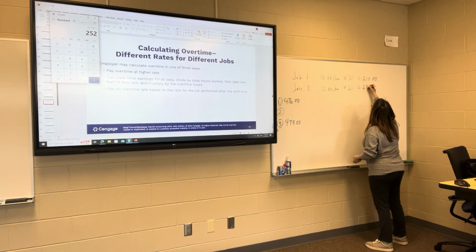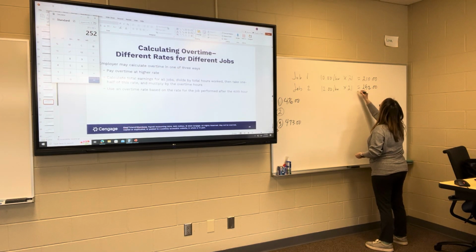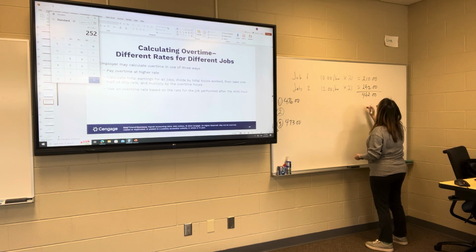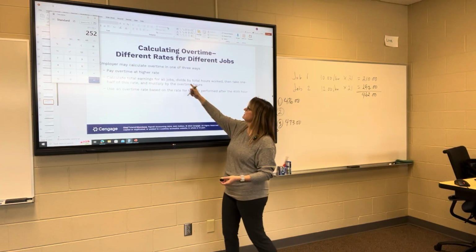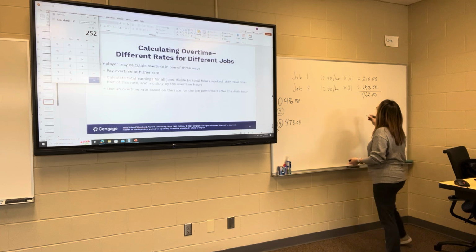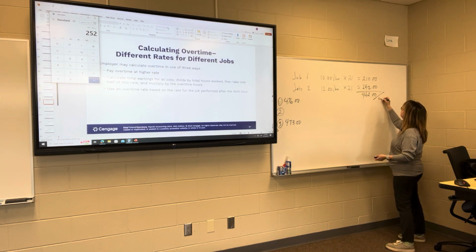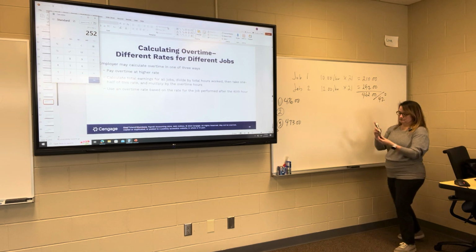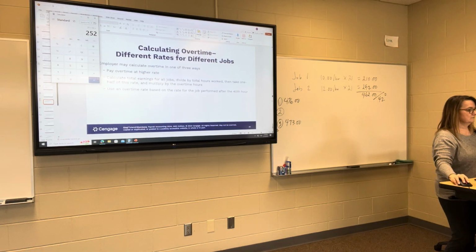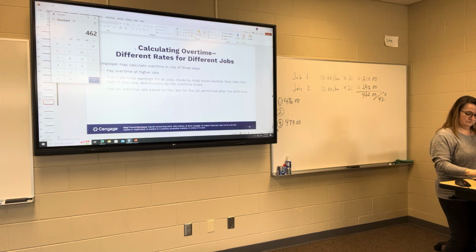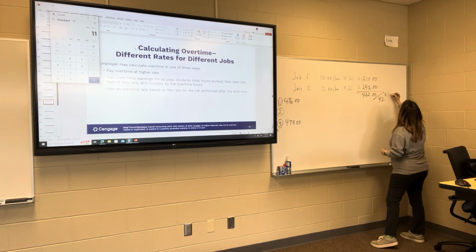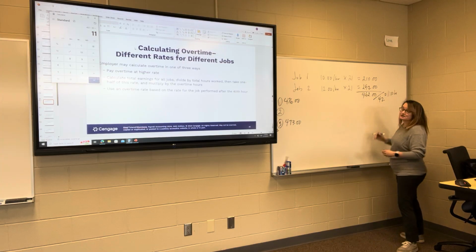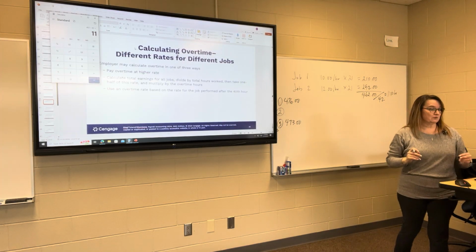We're going to add these two together. 462. Then we're going to divide it by the total number of hours worked, 42. So 462 divided by 42 is $11 an hour. That's going to be our overtime rate that we're going to use.